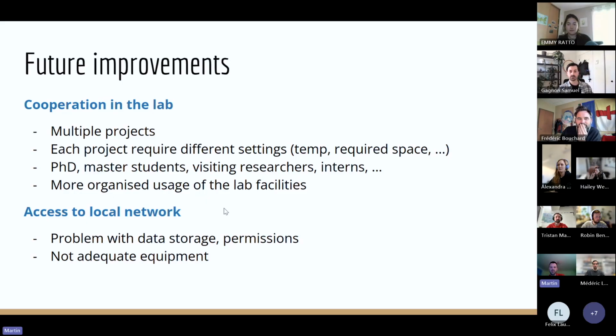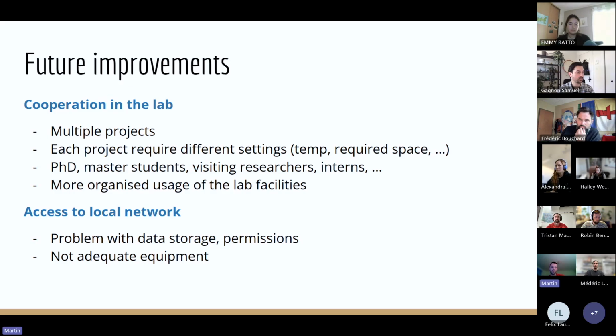Another important thing was that we didn't actually have access to the local network, because me and my supervisor, we were both visiting, and we didn't have access. So that means we couldn't share the data. So we were storing it on our personal computers, which is not really effective.